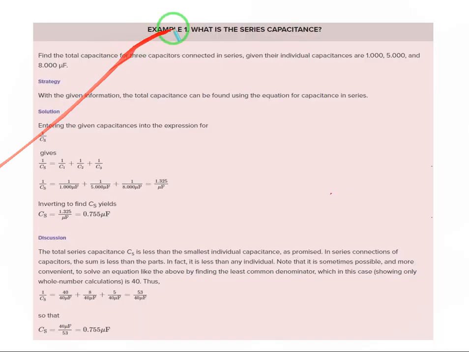Another example: find the total capacitance for 3 capacitors connected in series, given their individual capacitances. C1, C2 and C3 are given as 1, 5 and 8 microfarad. They are in series, so you know the series formula: 1 over C equals 1 over C1 plus 1 over C2 plus 1 over C3.